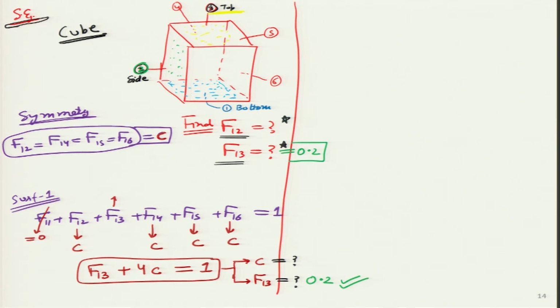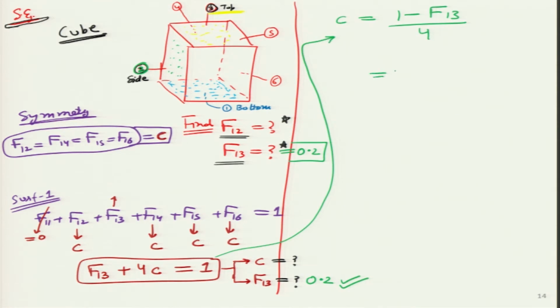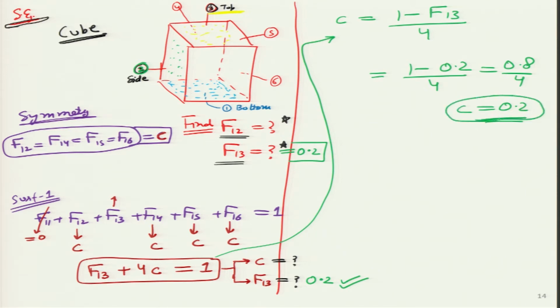Now, in this equation I can solve for C. C turns out to be 1 minus F13, simply divided by 4. How did I get it? I am just rewriting this equation from here to here. Now, I substitute in the value, I get this, and this also turns out to be 0.2. Is it not very interesting?